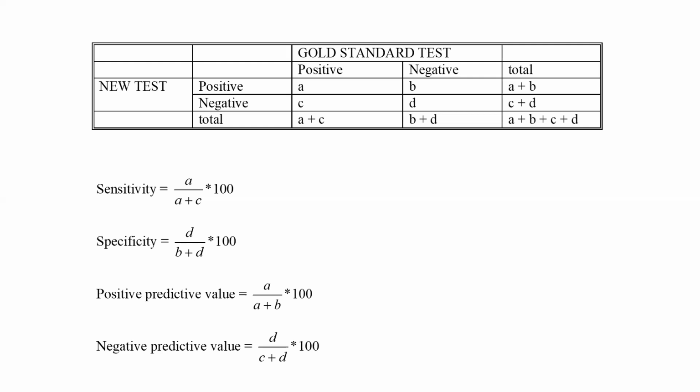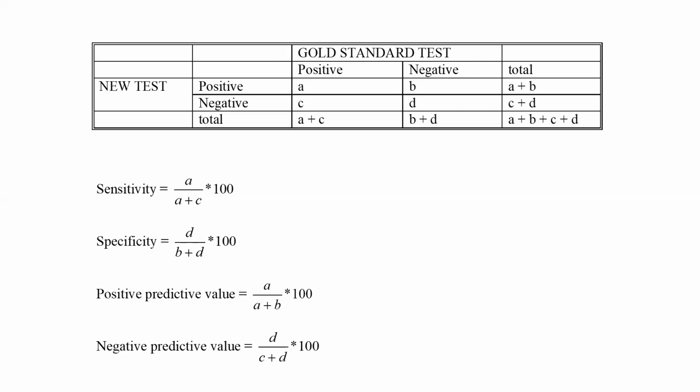What does high sensitivity mean? Sensitivity is out of true positives, how many positives have been identified by the screening test? So what do you mean by high sensitivity? The test has a high detection rate.